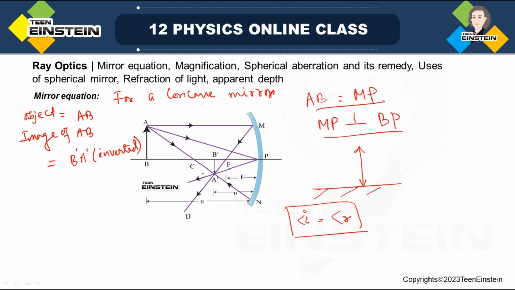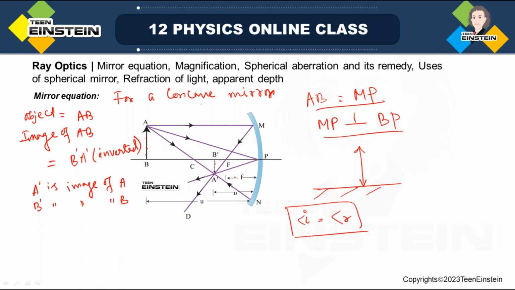See here, this is the image, right? A prime is the image of A. Similarly, B prime is the image of B. If we take any point in between, light rays from there will also get reflected, and eventually you will get those lights emerging somewhere here, like that.